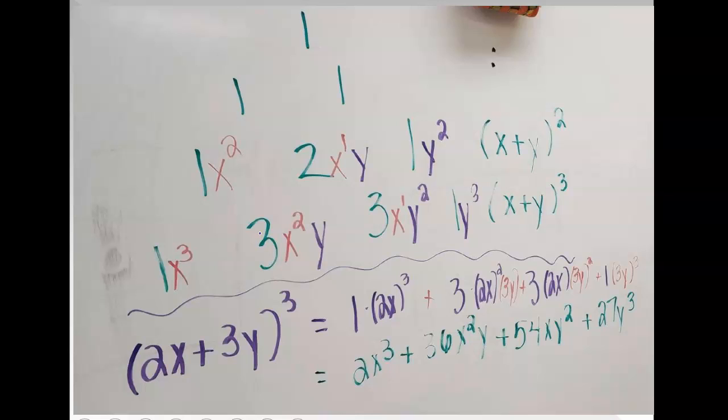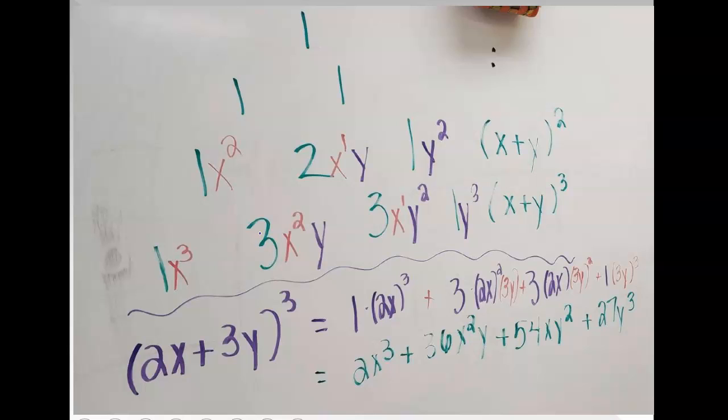So this, all cubed, becomes 2x cubed plus 3 times 3 is 9, 2 squared is 4, 36, x squared y plus 9 times 6, xy squared plus 27 y cubed.